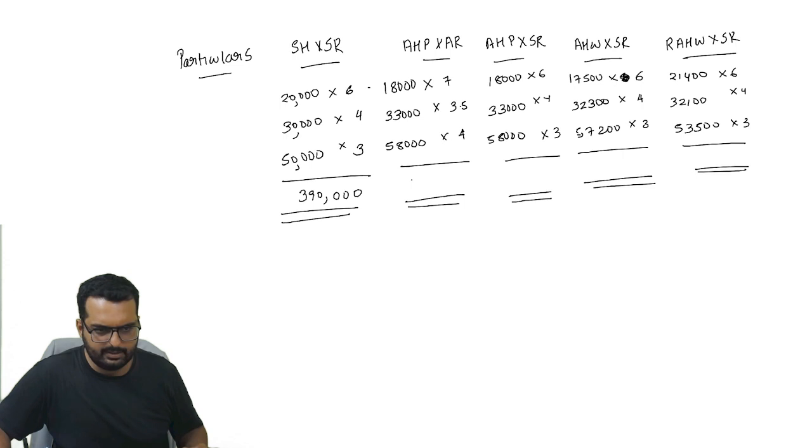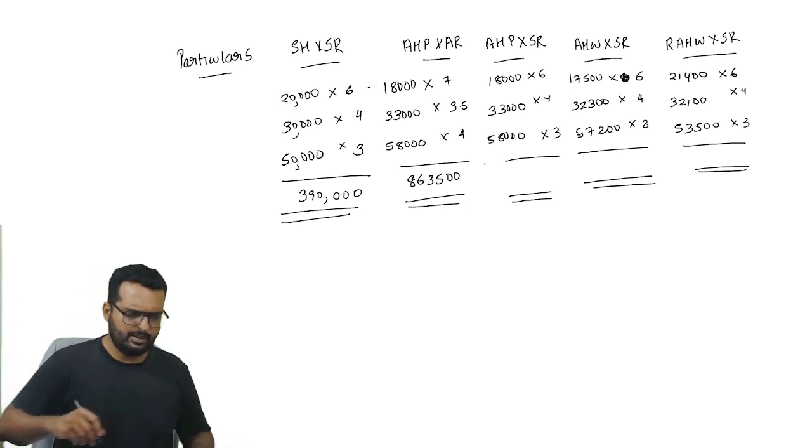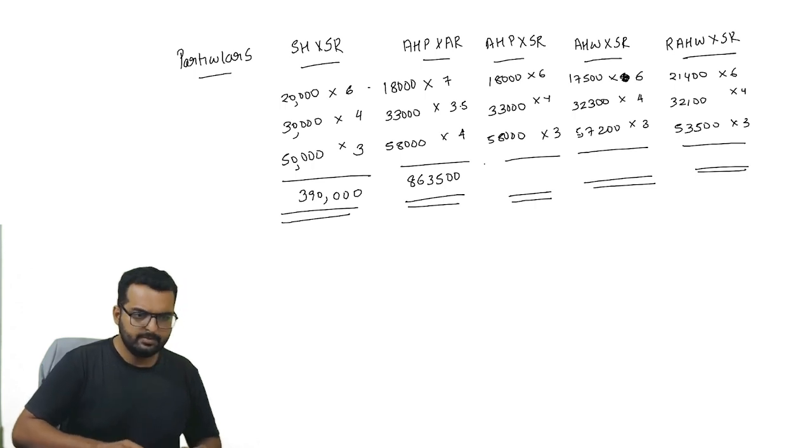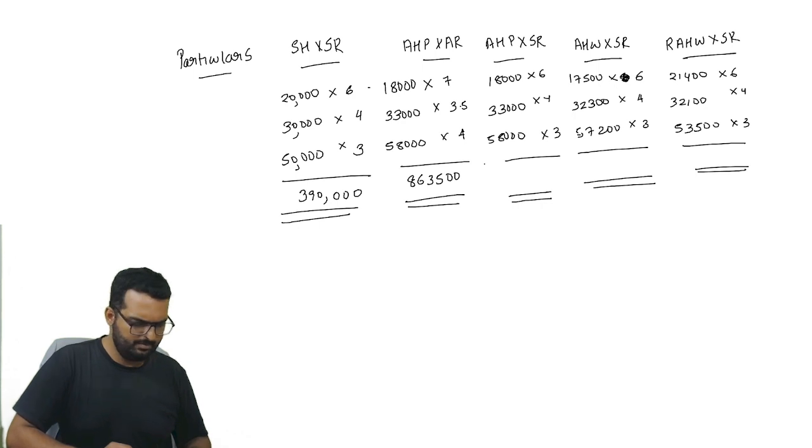Eight lakh 63,500. Did I do it correctly, friends, or have I made some mistake somewhere? 20,000 into 6, 30,000 into 4, and 50,000 into 3. 3 lakh 90,000 is correct.